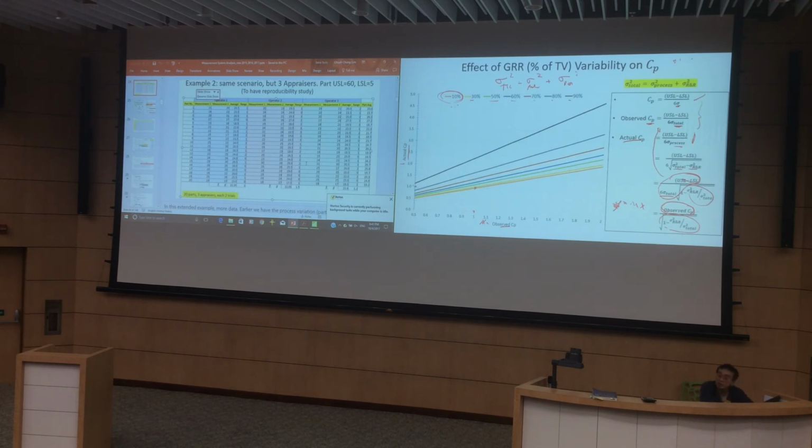So you have a resolution of 0.1, right? In this case, this is very close. I take another extreme example here. If this is 0.9, you observe the CP you calculated based on the equipment is 1, right? But the actual is 2.3. What does it mean to you?